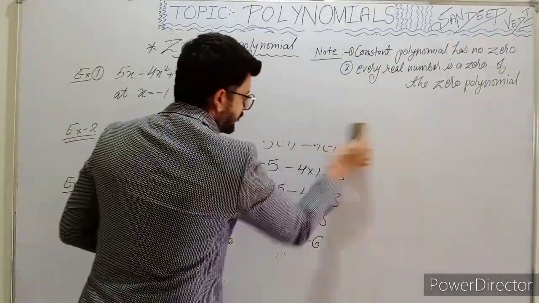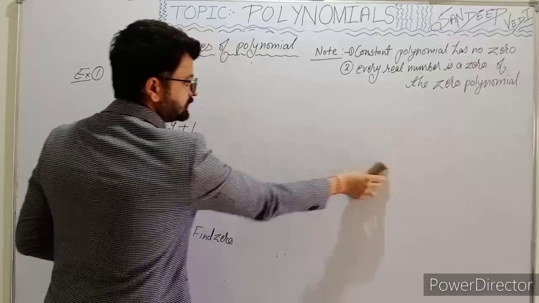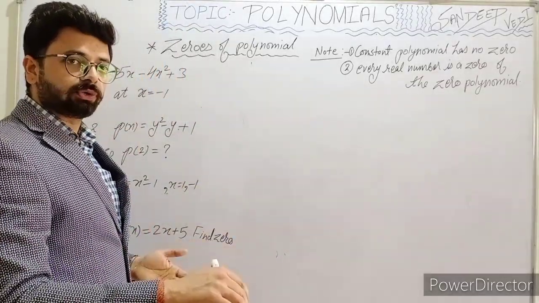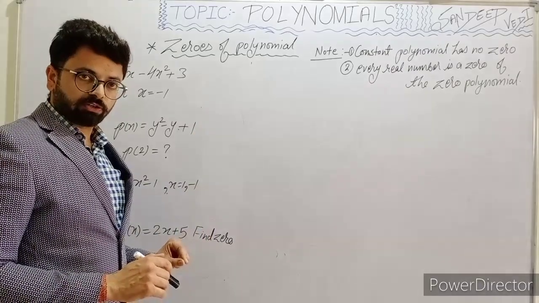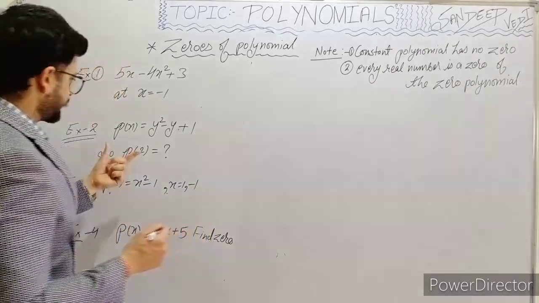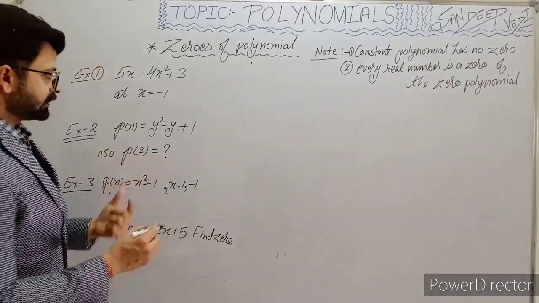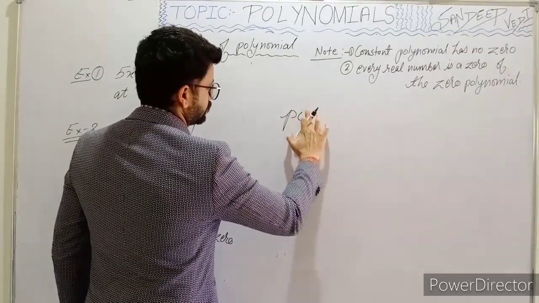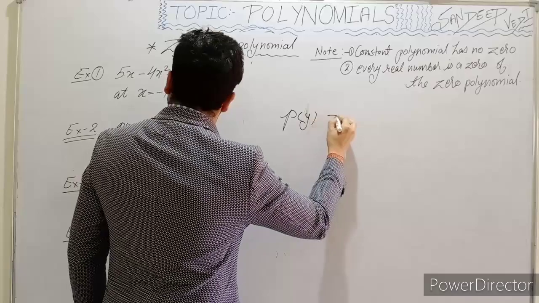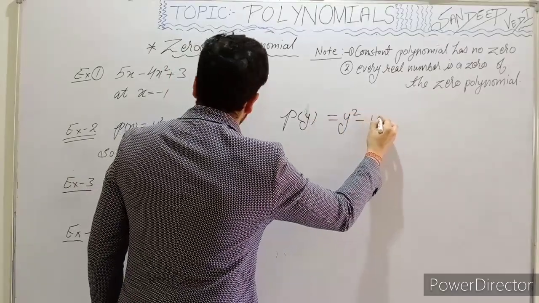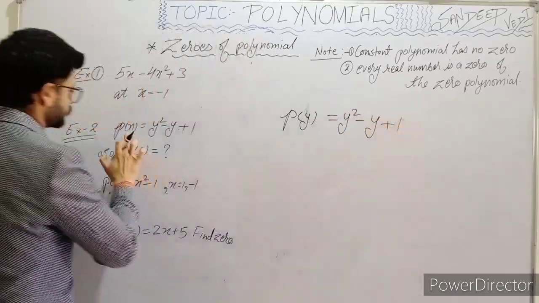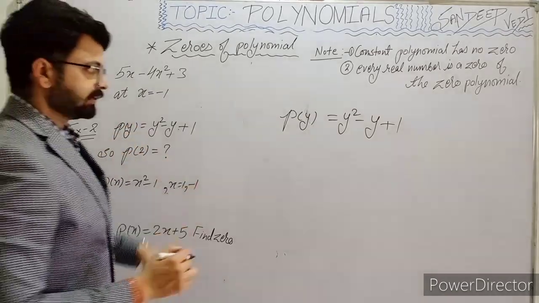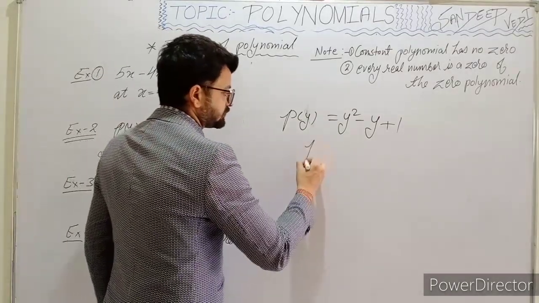Okay, the second type of question, note it down guys, be with me. You have the options, you can pause the video and solve by yourself also. Now the second type of question, we will calculate a given polynomial. In this case I am writing y square minus y plus 1. Here also you mention y because the variable of this polynomial is y. Now the question is asking just P(2).